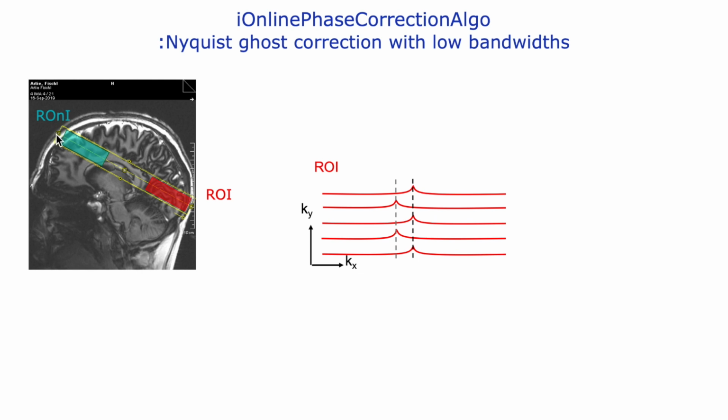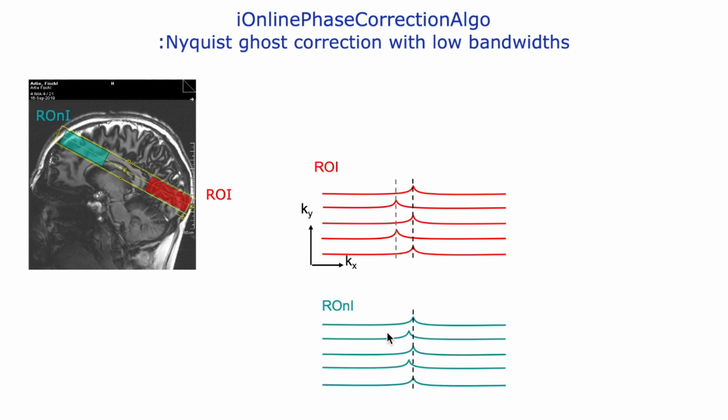And we know that the eddy currents are spatially inhomogeneous. So for example, in the RONI, we might have a pattern like this, where the odd and even lines are again shifted, but not so much. And here the delay is slightly less. Now in k-space, all the signal from every voxel is represented in the k-space center, right?